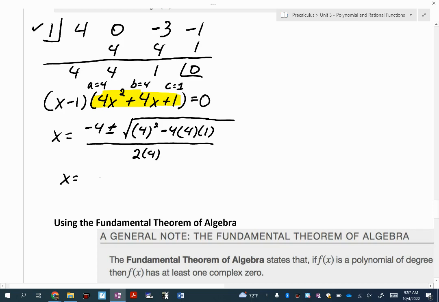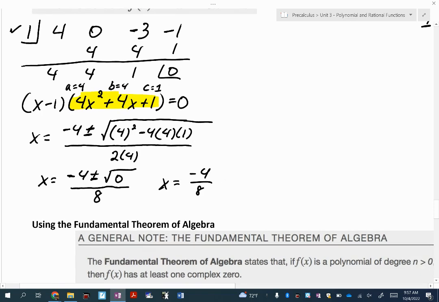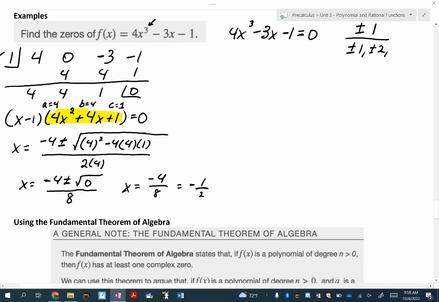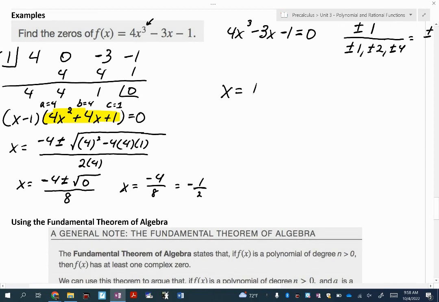So that equals negative 4 plus or minus the square root of 16 minus 16, which is 0, all over 8. So x equals negative 4 over 8, which is equal to negative 1/2. So my solutions here are positive 1 and negative 1/2.